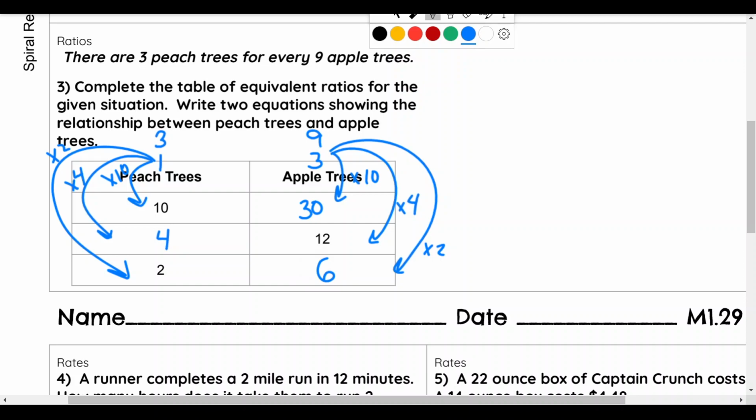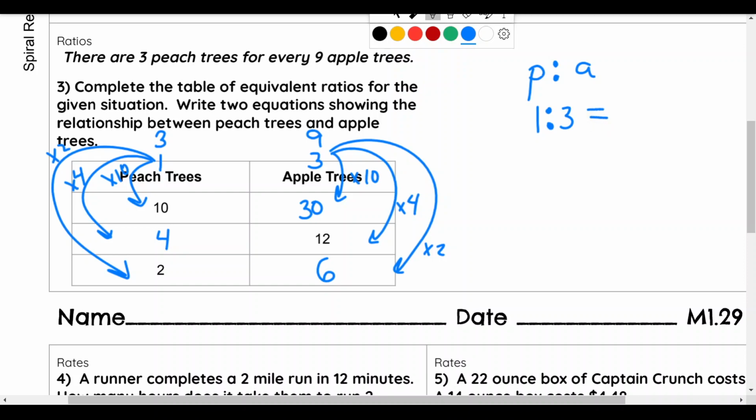For the equations, I have the ratio of peach trees to apple trees, and the ratio of peach trees to apple trees is 1 to 3.